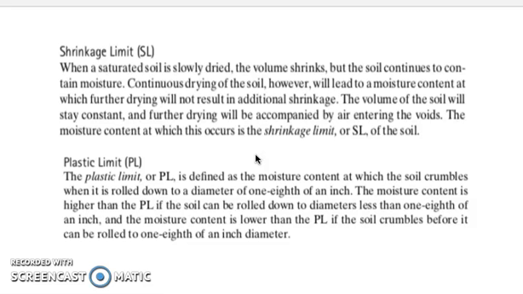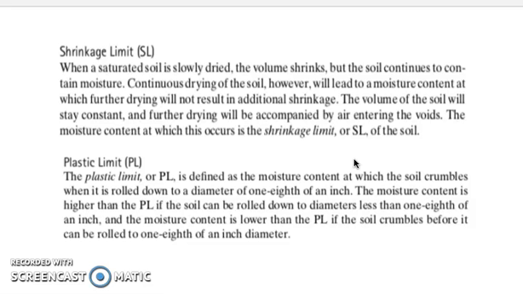Which means the soil continues to dry up, and at a certain point the soil will not dry up anymore, meaning it has reached its maximum drying state, and that is what we call the shrinkage limit.